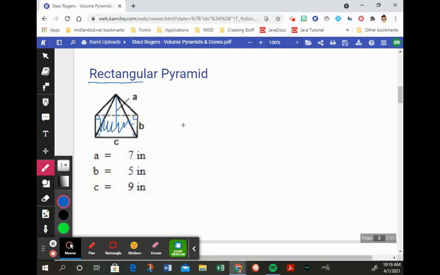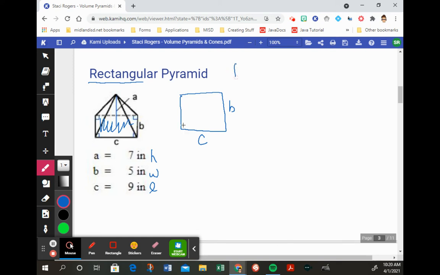Rectangle's at the bottom down here. I'm going to draw my rectangle. And on my rectangle, I have C and I have B. A is pointing to the height. This is my height of the pyramid. B is my width, and C is my length.